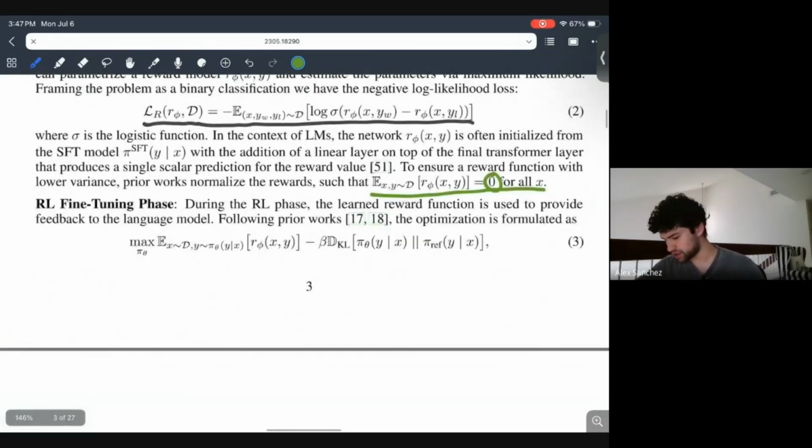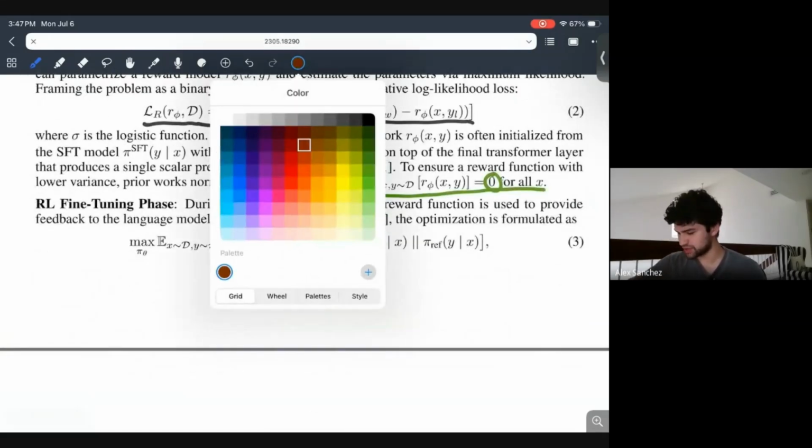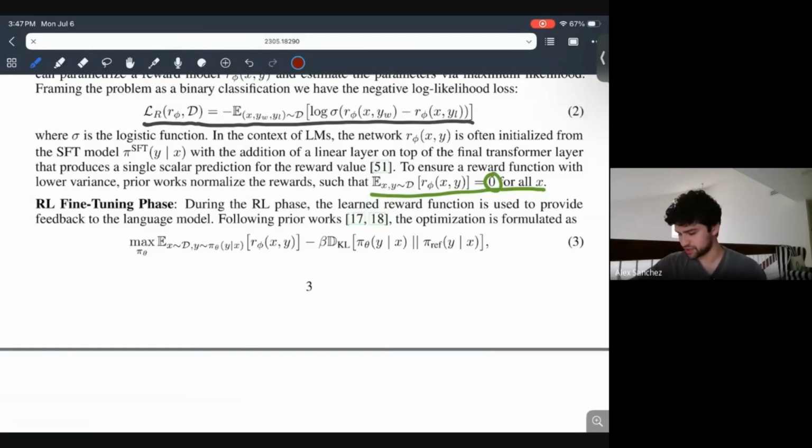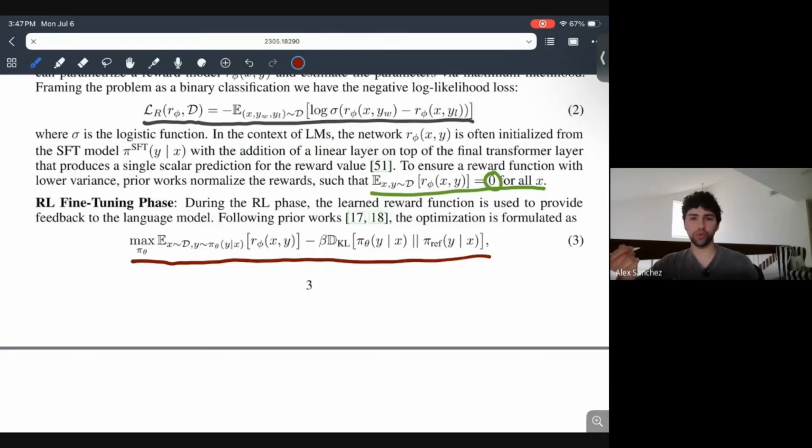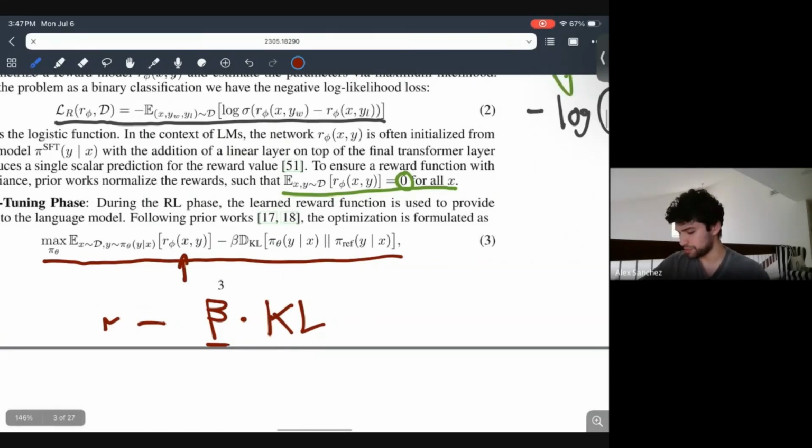And then you guys definitely recognize this equation right here. What we want to do is maximize the reward, right? Now we have a custom reward in RLHF, which is our actual reward minus this beta hyperparameter times the KL divergence of the policy model and the reference model.